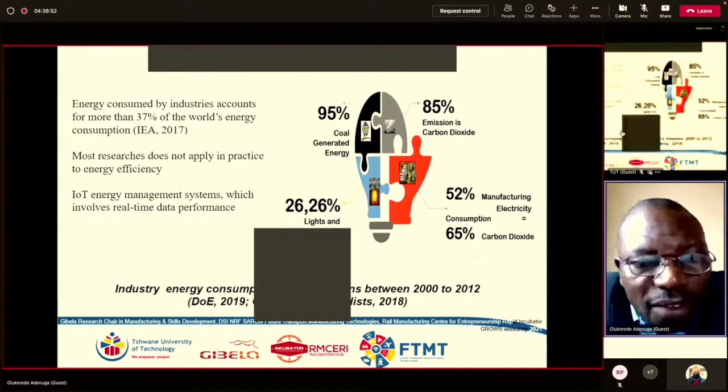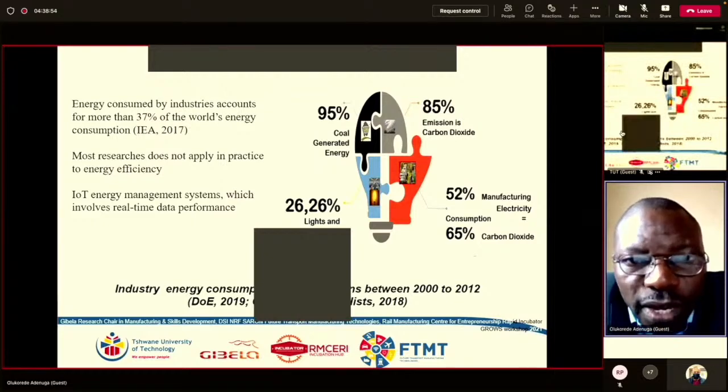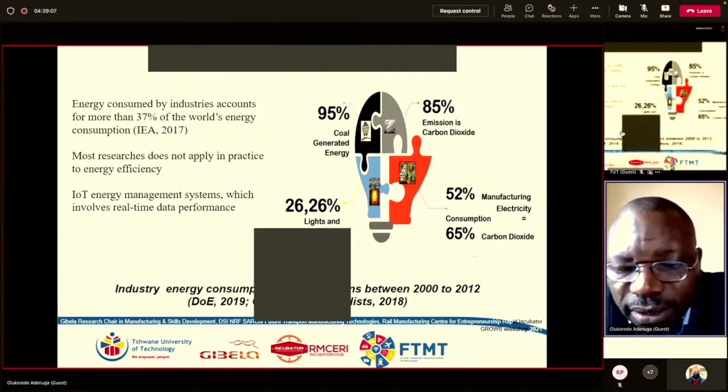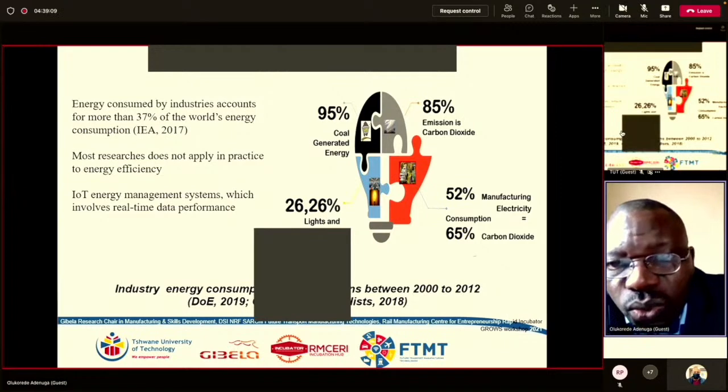The problem we have identified so far is that 95% of generated energy is gotten from coal in the South African setting, and 85% of it goes into emission.